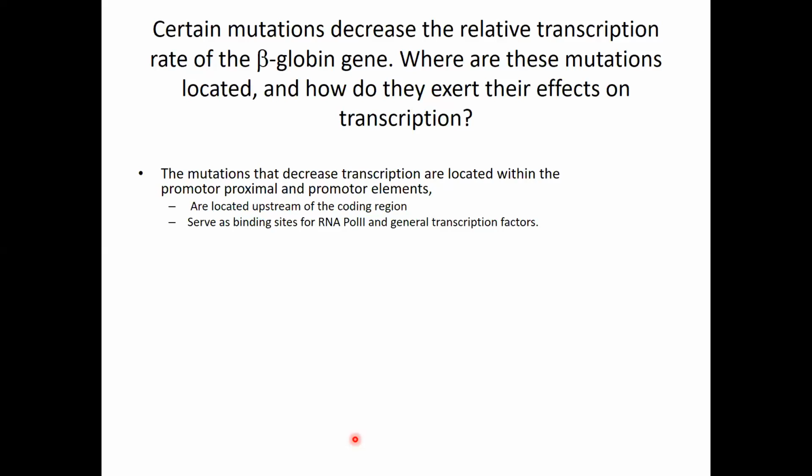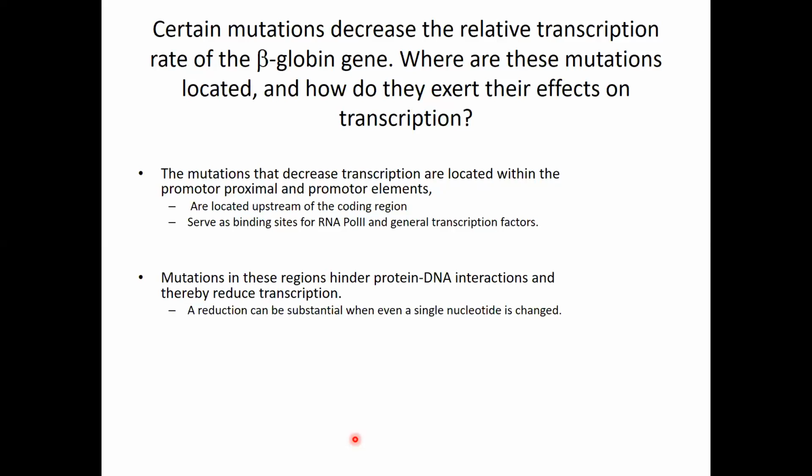These proximal promoter elements are located upstream of the coding region and serve as binding sites for RNA polymerase III and general transcription factors. Mutations in these regions end up hindering protein and DNA interactions and thereby reduce transcription itself.